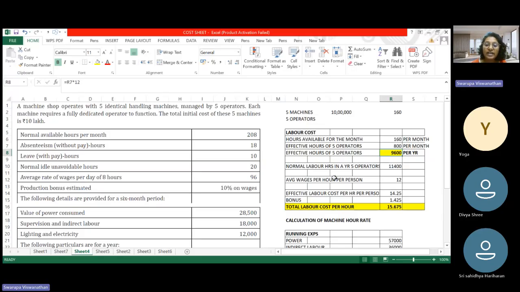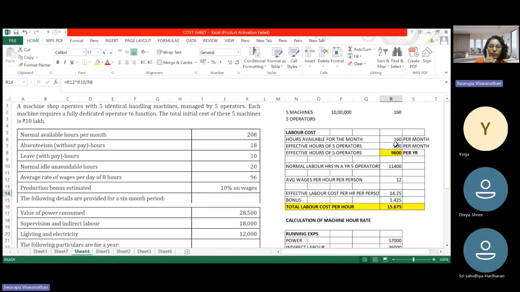So we need to find out what is the wage rate based on the effective labor hours. So this 12 rupees is identified based on 11,400 hours. So how much is it for 9,600? It will be 12 into 11,400 by 9,600. That will give us 14.25.